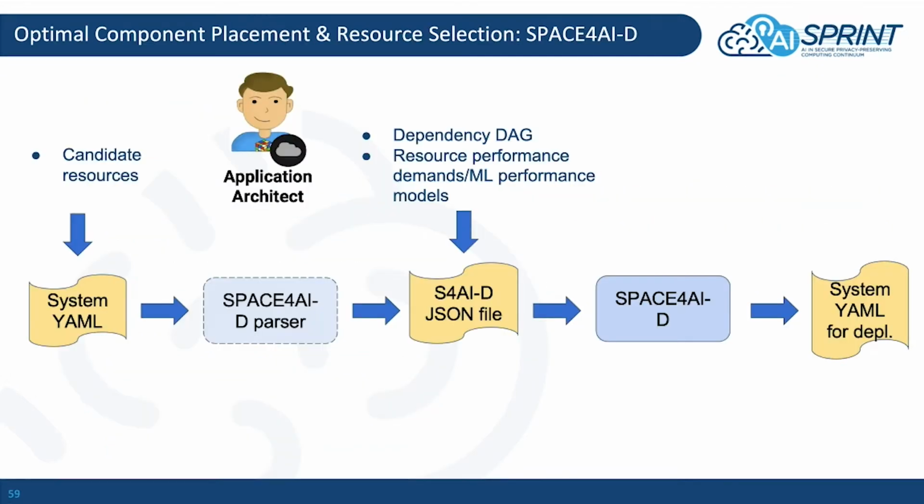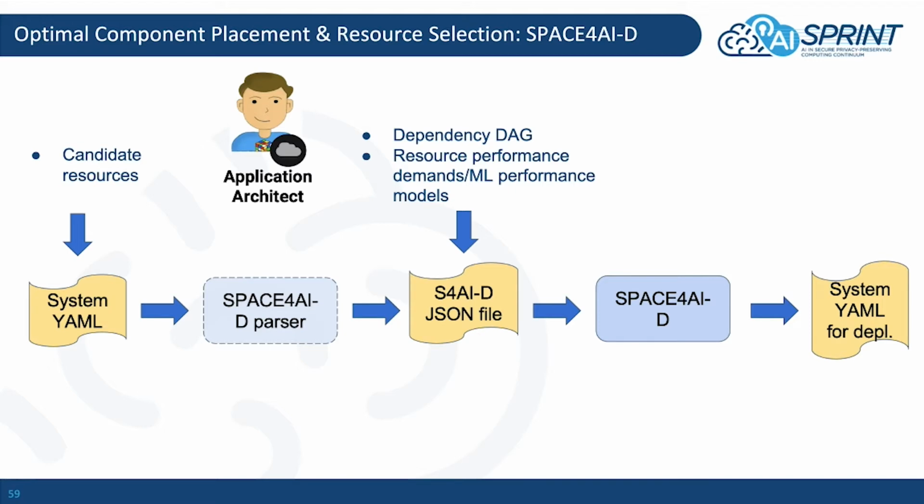This is the workflow related to the tool. We start from a YAML system description. This system YAML description is shared among the multiple tools that are used within AI-SPRINT. So here the application architect specifies the candidate resources, then this system YAML file is transferred to a specific parser to be transformed to the input file format of the different tools.